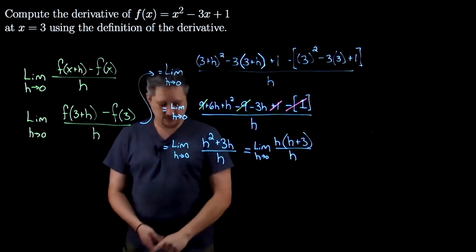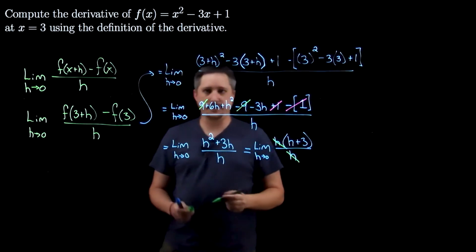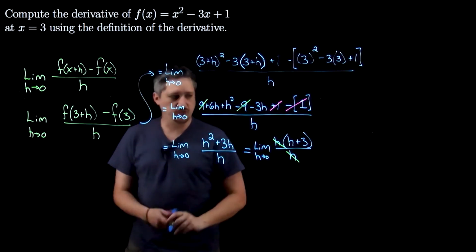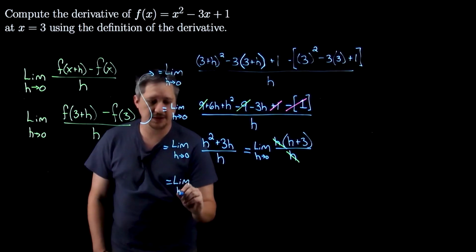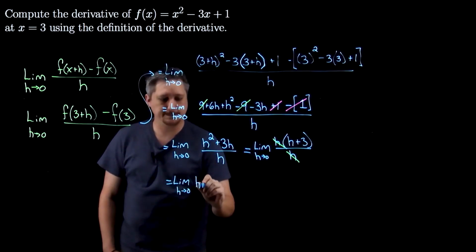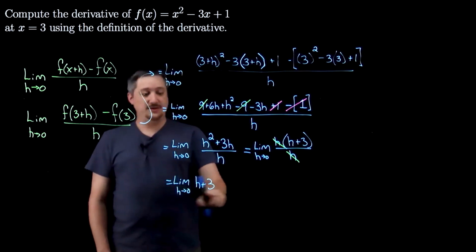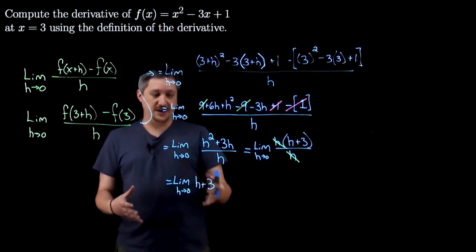So now I can cancel out the h in the top and the h in the bottom, which will get me the limit as h goes to 0 of just h plus 3. And now we can actually compute this, because the h is not in the bottom anymore.